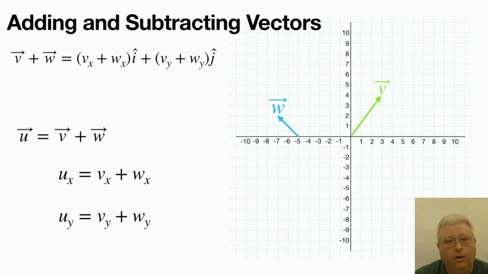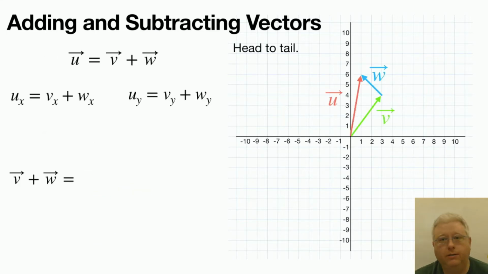So we could also say that the resultant vector, if we add v and w, we can call it, say, u. And u would just have x component of vx plus wx, and the y component would similarly have vy plus wy. So what does this look like graphically? One thing to keep in mind when you're adding or subtracting vectors is that we add them from head to tail.